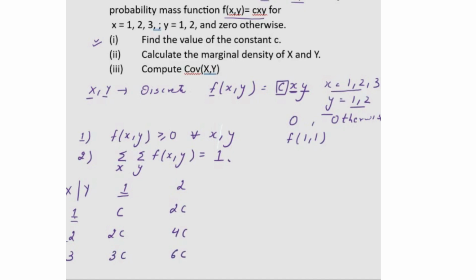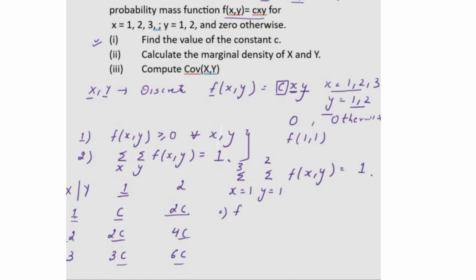To find the value of c, these two conditions must be satisfied to have a joint probability mass function, because it is a case of a two-dimensional random variable. For the joint probability mass function, all these probabilities must be greater than or equal to 0, and the second condition is the sum over all. So the sum with x going from 1 to 3 and y going from 1 to 2 of f(x,y) must equal 1.